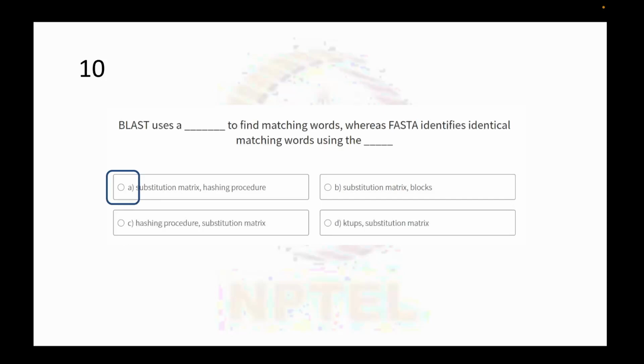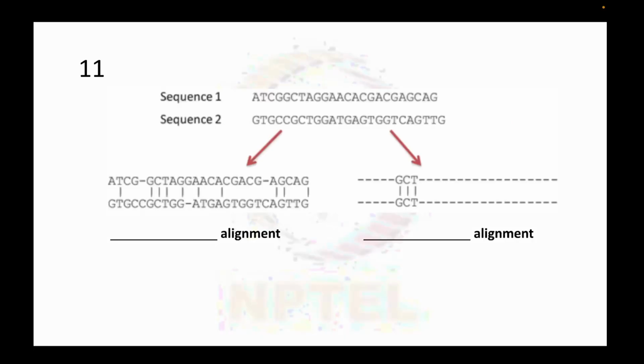So BLAST uses substitution matrix, whereas FASTA uses hashing position.